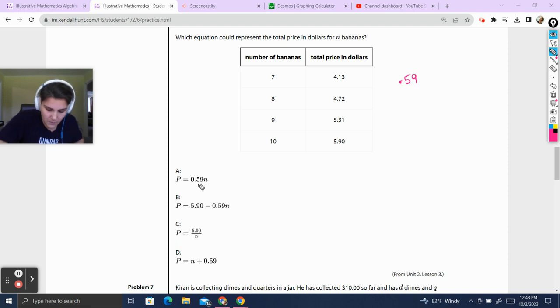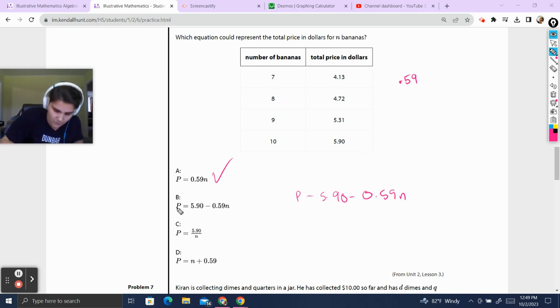So does P equal 0.59 times N? Well, 59 cents times the number of bananas, this looks like it is correct. Is P going to be 5.90 minus 0.59N? Well, if I bought 1 banana, 5.90 minus 0.59 times N doesn't make sense, because that would give me the price of 9 bananas, not the price of 1 banana.